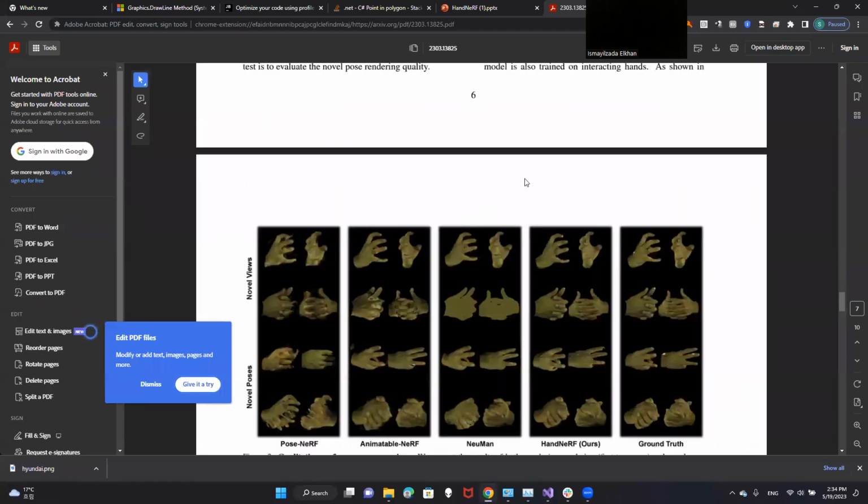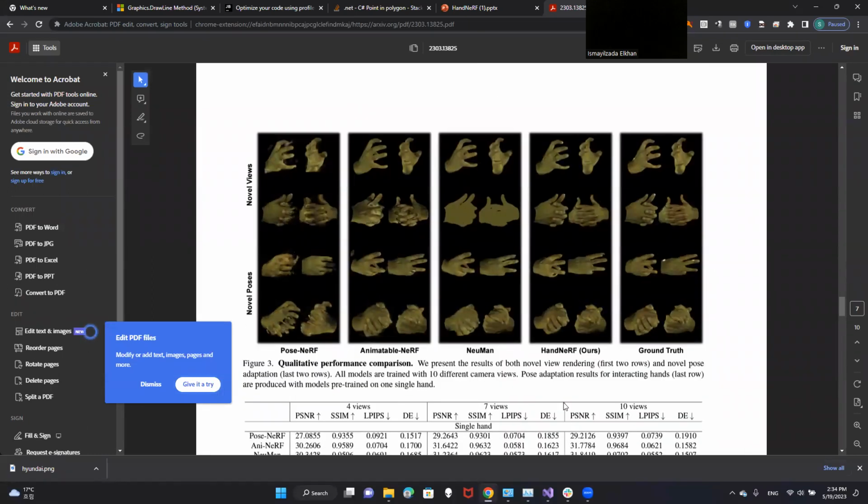So yeah, this is the representation, especially for cases where there are two hands involved.